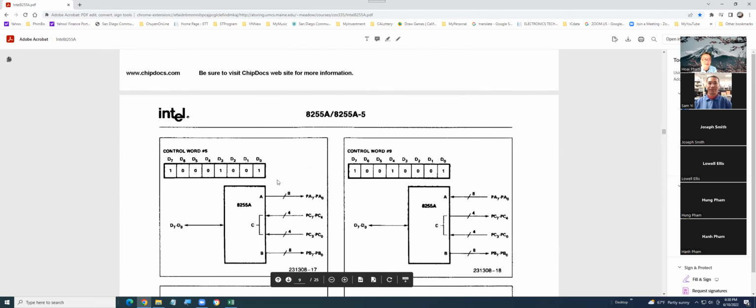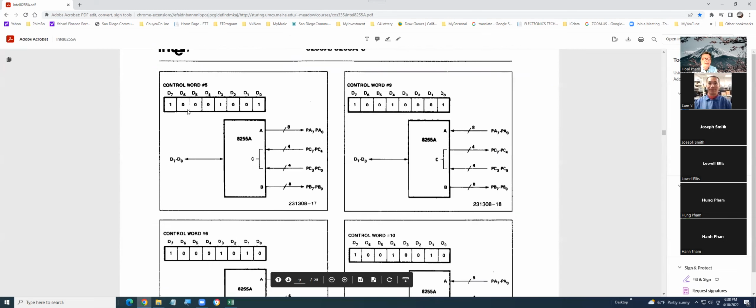You see that? 1 0 0 0 means 8. 1 0 0 1 means 89. 89 will program to make sure port A is going out, okay, and port B going out, and port C going in. That's 89.